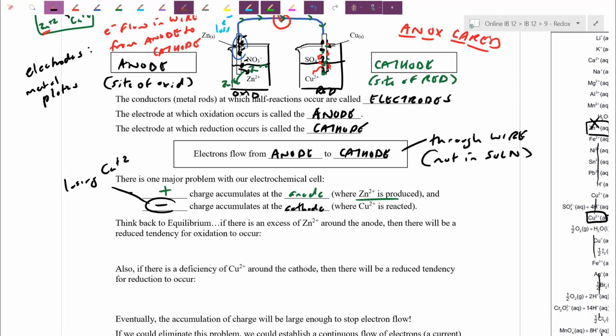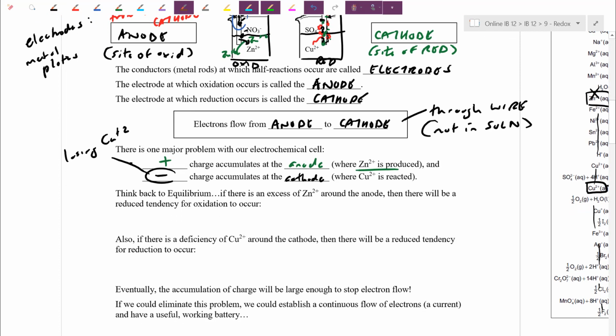So I want you to think back to equilibrium here. If there's an excess of Zn+2 around the electrode, then the tendency is going to drop. The reaction we're interested in is zinc becoming Zn+2 and 2 electrons. That was the more favorable oxidation. And yet, if we're going to end up building up zinc, because all these reactions are in equilibrium at the end of the day, as this concentration goes upwards, Le Chatelier is going to shift it left.